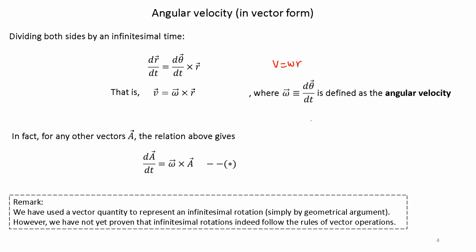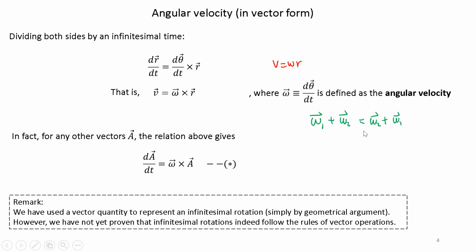You can do addition like this, and the order of the additions should not matter. It should give you the same result. If omega is indeed a vector, then this should be true. But we have not proven that this is indeed true yet.